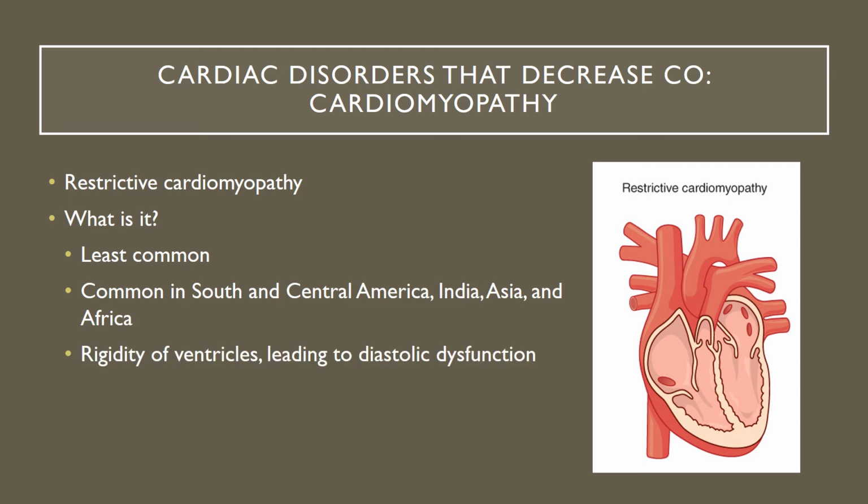So we have rigidity of the ventricles that leads to this dysfunction, right? And it leads to diastolic dysfunction. So the first cardiomyopathy was dilated cardiomyopathy, and that affected systolic function. Hypertrophic cardiomyopathy affected diastolic and systolic function. And now we have restrictive cardiomyopathy that only affects ventricular filling.